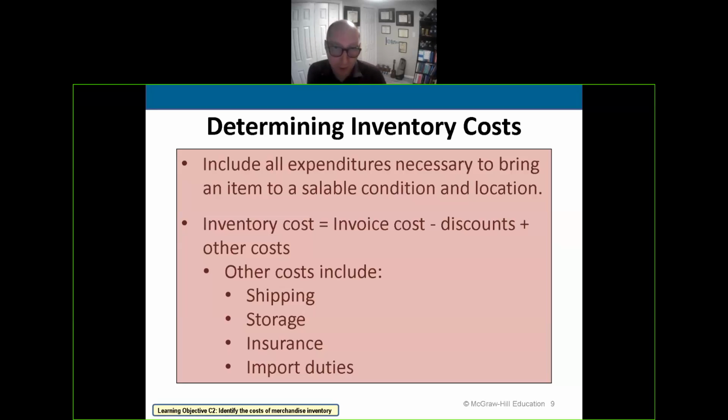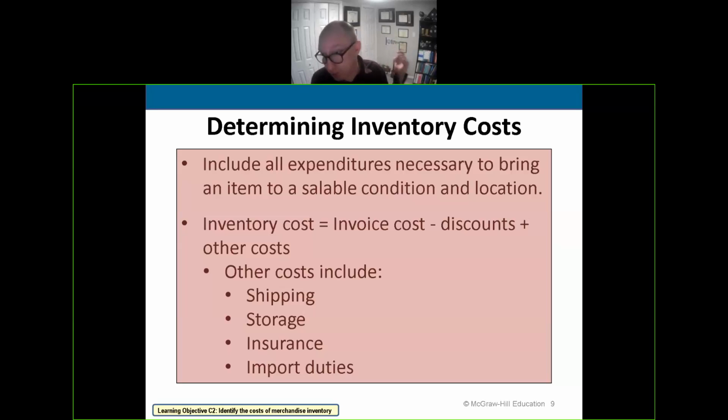So it's the purchase price, also known as the invoice cost, minus any discounts that I got from my vendor, plus my other costs. My other costs can include, but are not limited to, shipping, storage, insurance, and import duties.